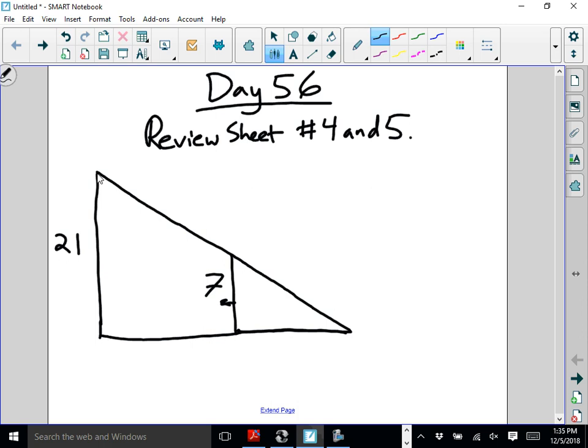So as the player is walking, that distance between the player and the light post will be changing. So I'm going to label that distance between the player and the light post. I'm just going to call it letter X. As a note, X only extends from here to here.